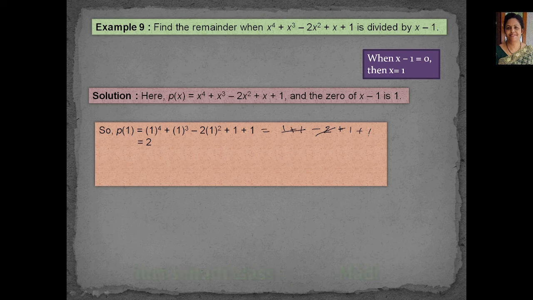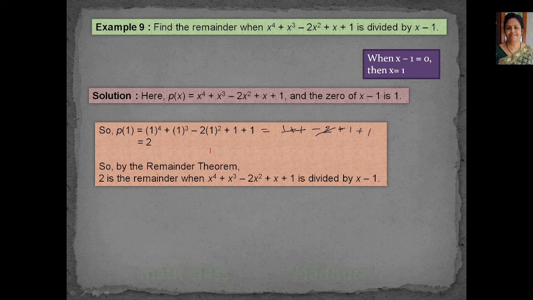Then 1 plus 1 is 2. 2 is the remainder. So by the remainder theorem, 2 is the remainder when x raised to 4 plus x cubed minus 2x squared plus x plus 1 is divided by x minus 1.